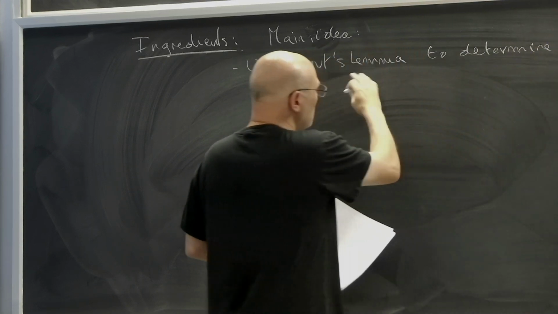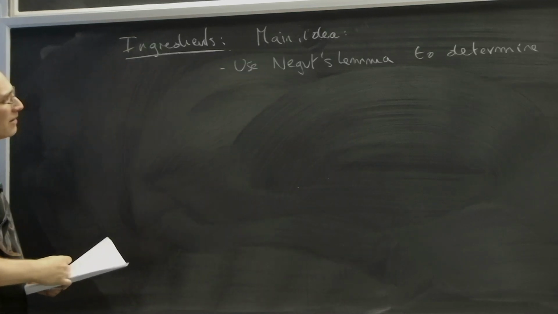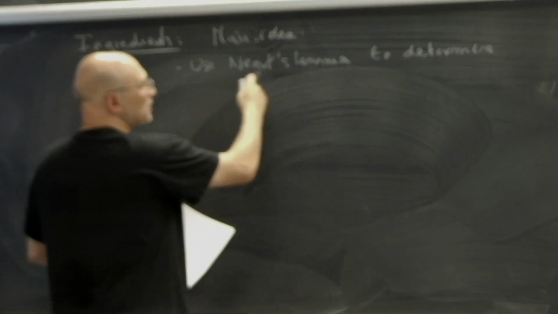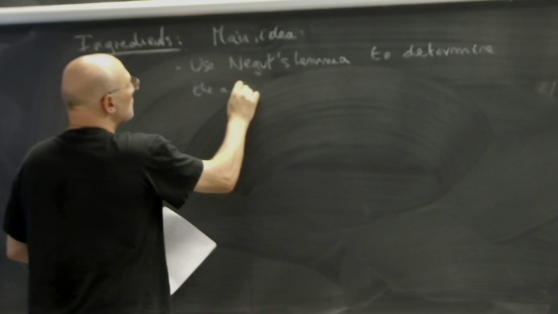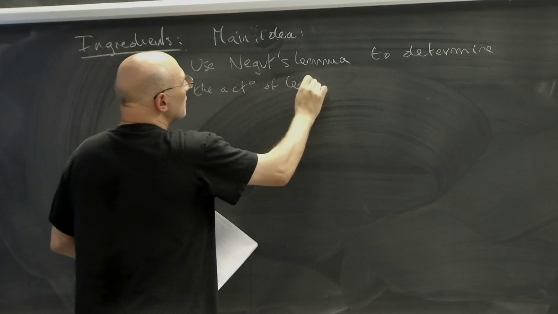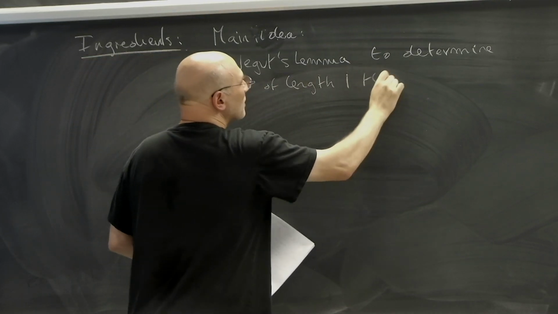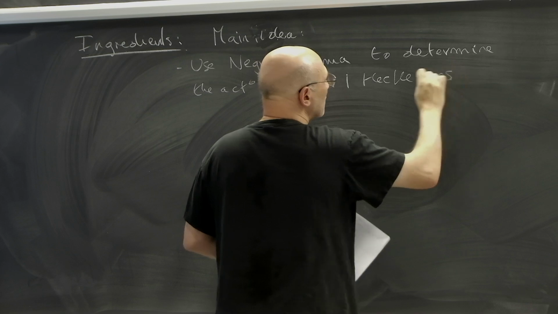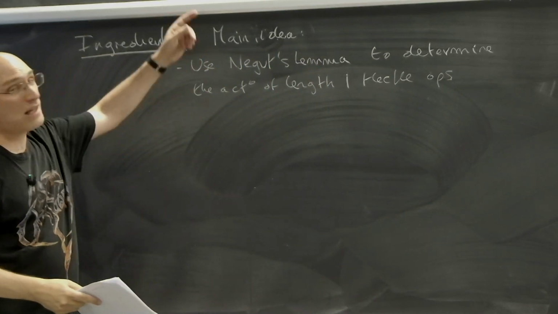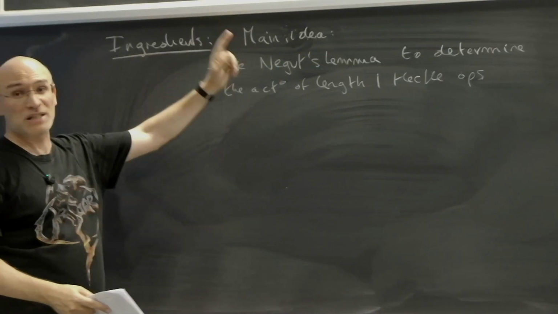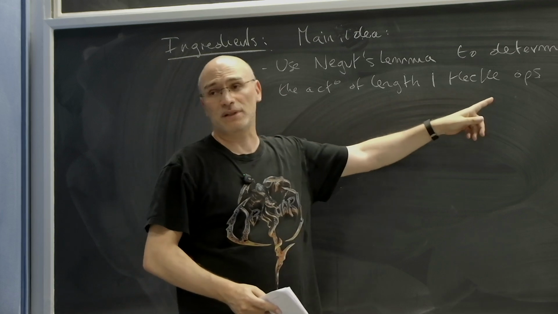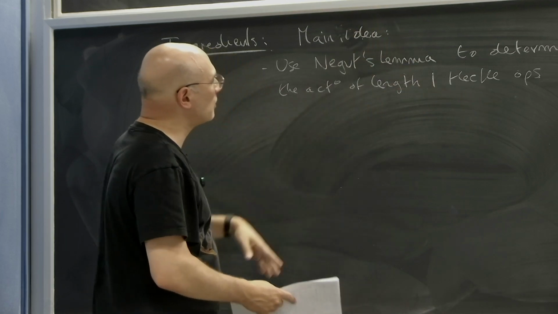So this appears in many of Negut's work in K-theory, but you can do it in homology to determine the action of length 1 Hecke operators. Then we use the fact that our algebra, I did not say it, but is generated by length 1 Hecke operators and the tautological classes.